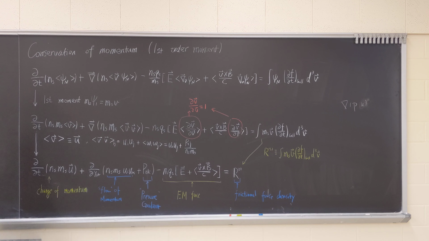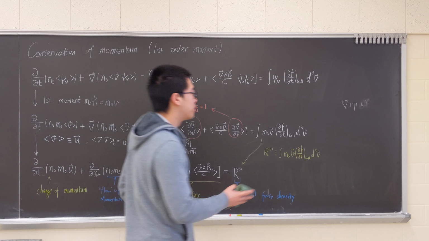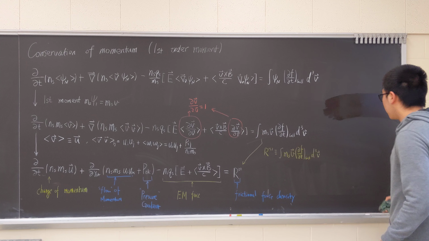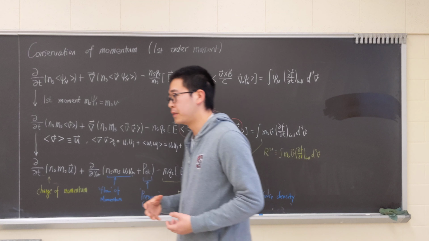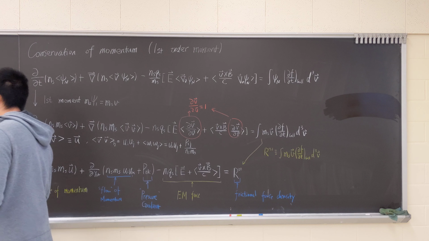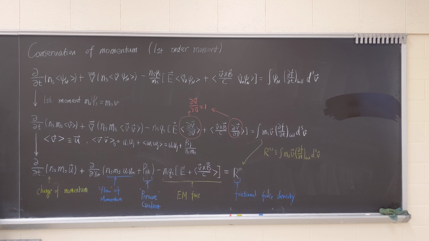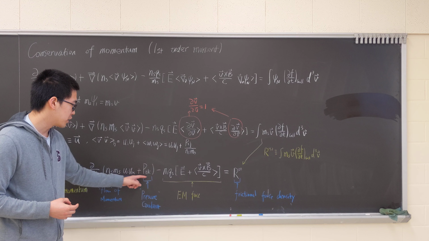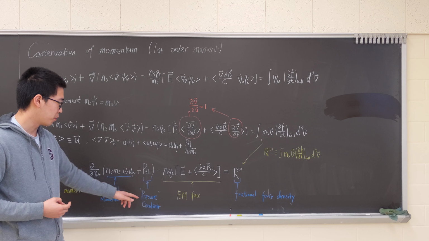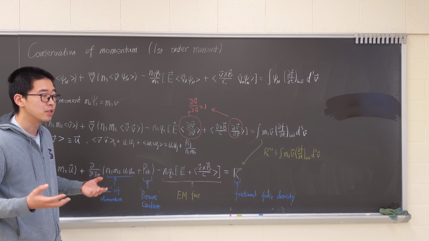So you can think it's kind of like a flow. For me, I would like to think of it as a kind of flow of momentum, which you can see from the continuity equation. It resembles the current density. And this is a pressure tensor, and with a gradient, it becomes the pressure gradient, which is a force.